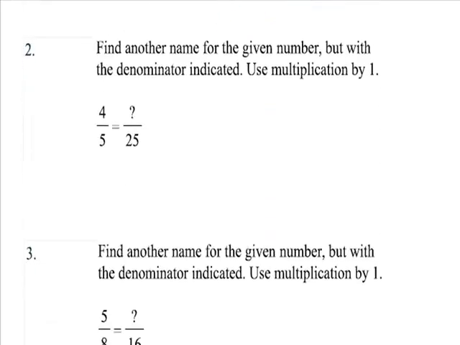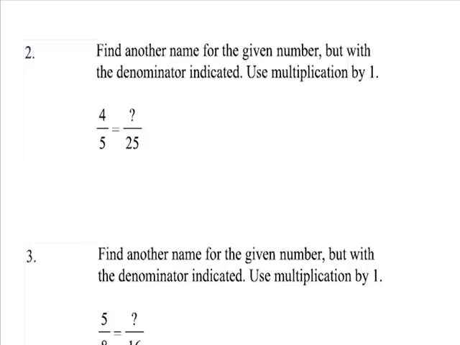All right, let's practice this some more. I have 4 out of 5 is what out of 25? So you will have a box to fill in. What you need to do is look at it and say, what was 5 multiplied by to get 25? 5 times what gives me 25?